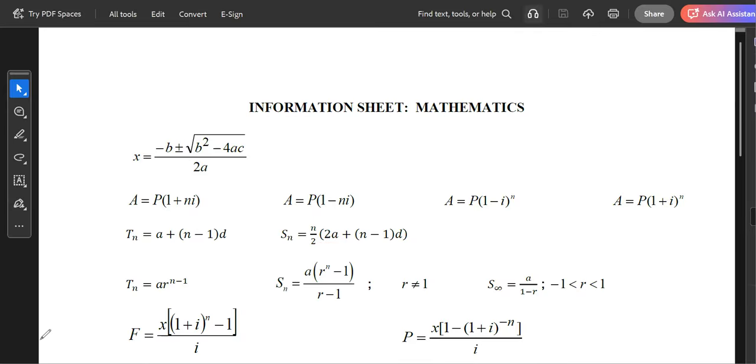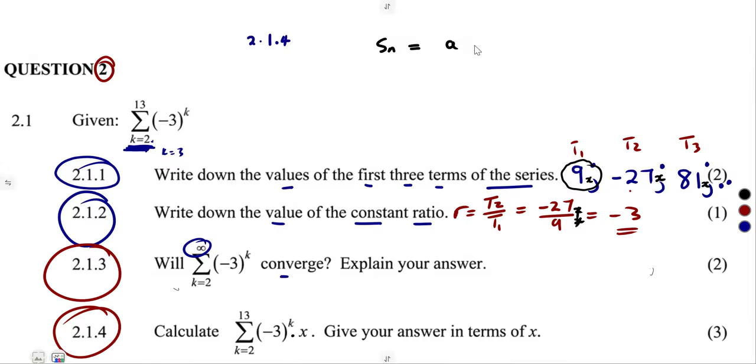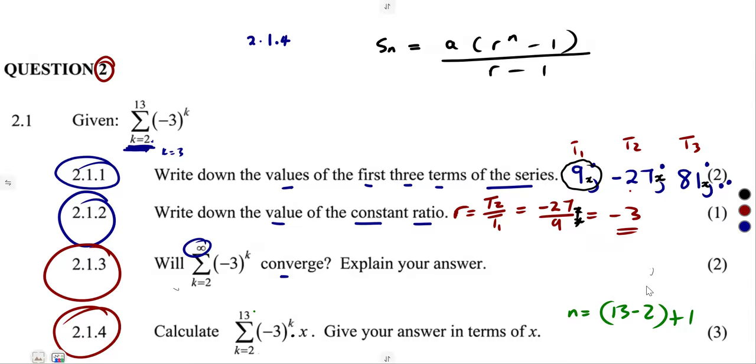So this is the one that we are going to simply use: a into r to the exponent of n minus 1 over r minus 1, where our a is the first term, which is 9x, as they said in terms of x. So how many terms? From 2 to 13. How many terms do we have? So n, remember, the top minus the bottom, 13 minus 2, but we must add a 1. So that was going to give us 12, all right?